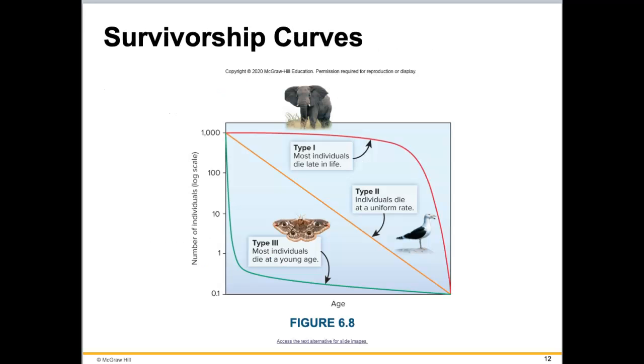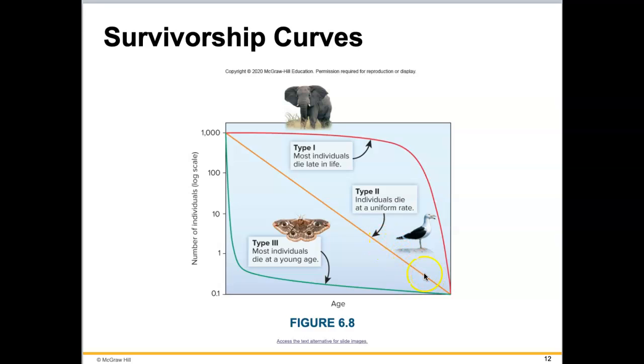If we look at survivorship curves, we have type 1 organisms shown here, like the elephant on the red line. Most of these organisms live a long life and then perish at the end of that life. You have type 2 organisms who seem to die at a pretty uniform rate regardless of their age.